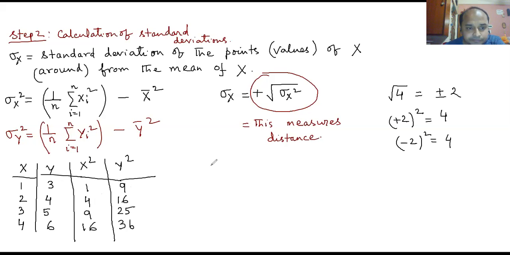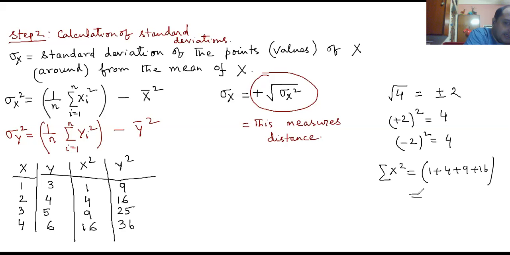Okay. And from this I can calculate the summation x square also. Summation x square means the total of this column, the sum of 1 plus 4 plus 9 plus 16, and the total is 30.